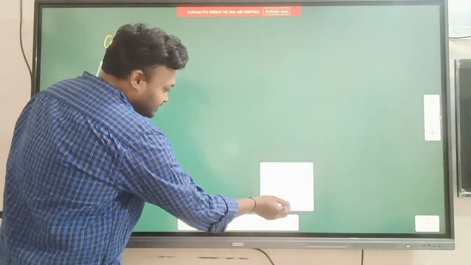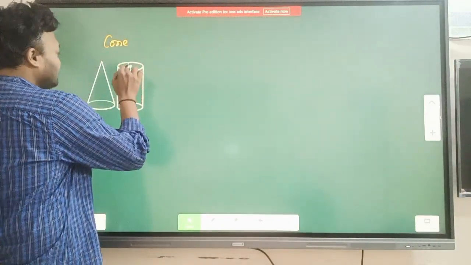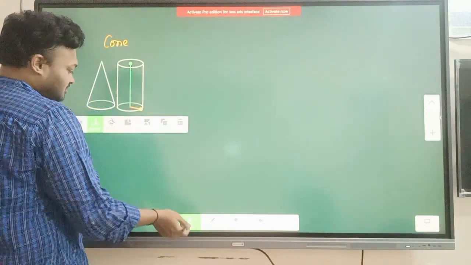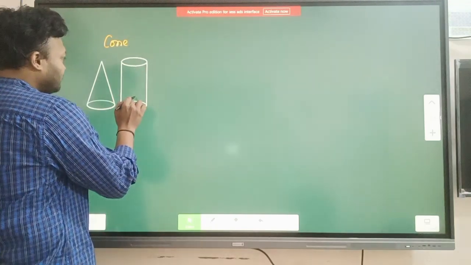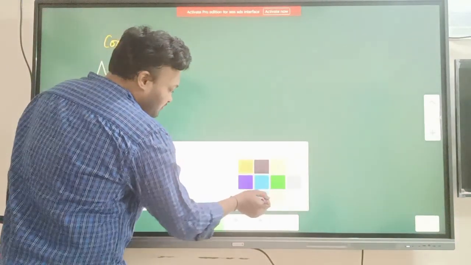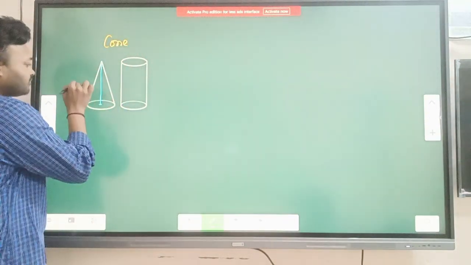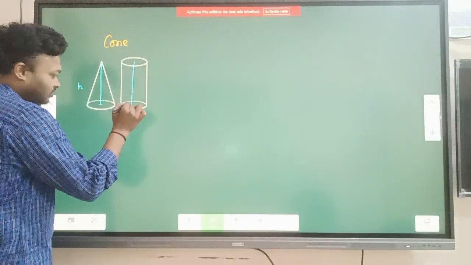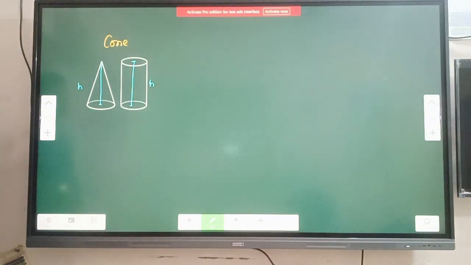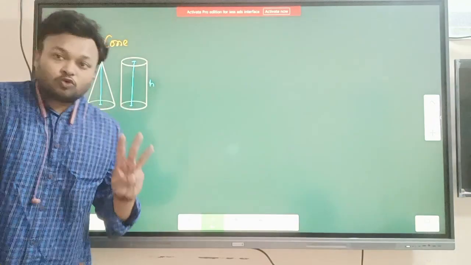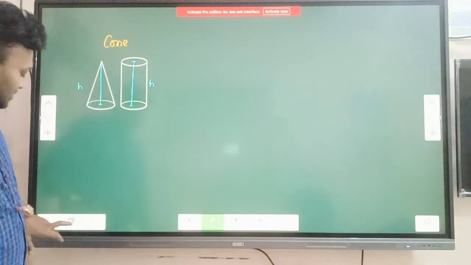In the NCERT 10th standard textbook, it is very precisely mentioned that if we have a cylinder, and a cone of exactly the same height, that is, this height of the cone and this height of the cylinder are the same, then it will take 3 cones to fill this entire cylinder. I'll show you.